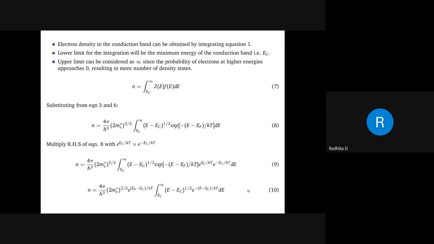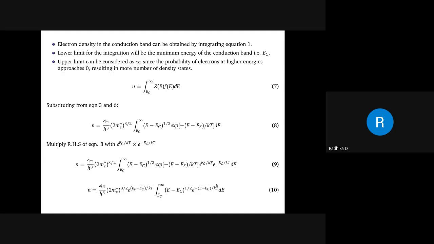Now what do we do next? I am going to consider E minus Ec as a factor x. I am going to bring it into some form so that I can solve this integral. E minus Ec I am going to consider as x, and there is a 1 by kT in the exponential.